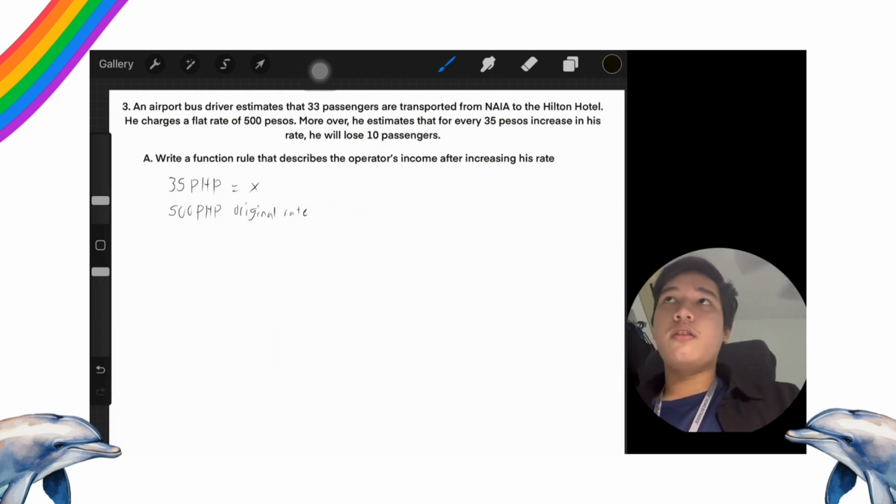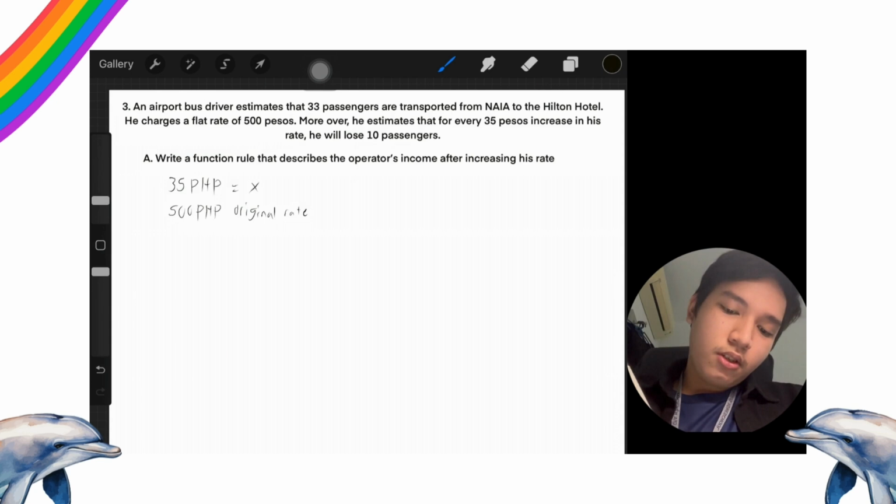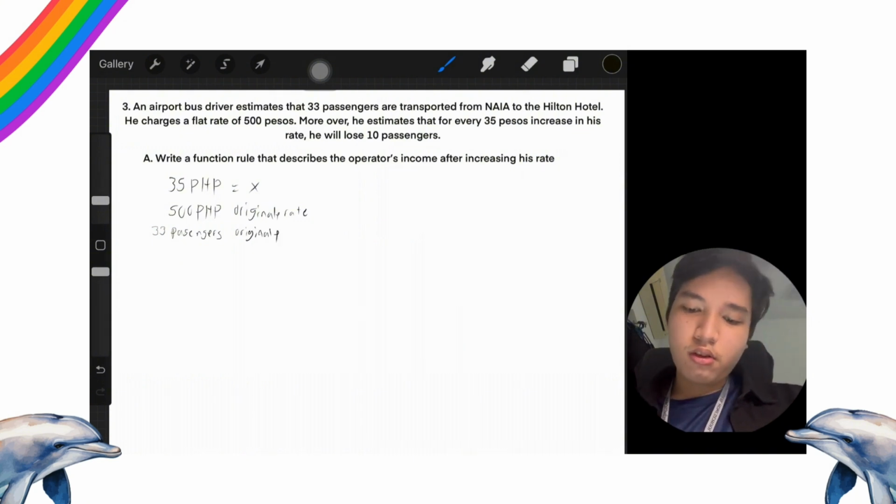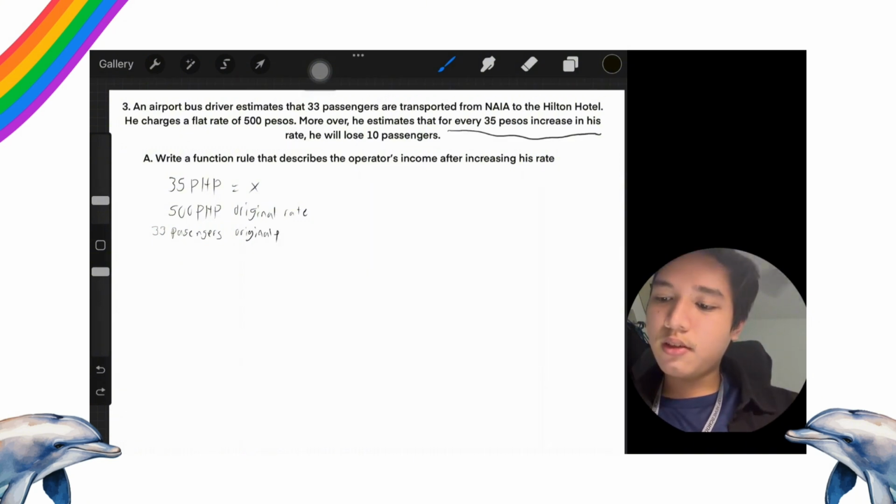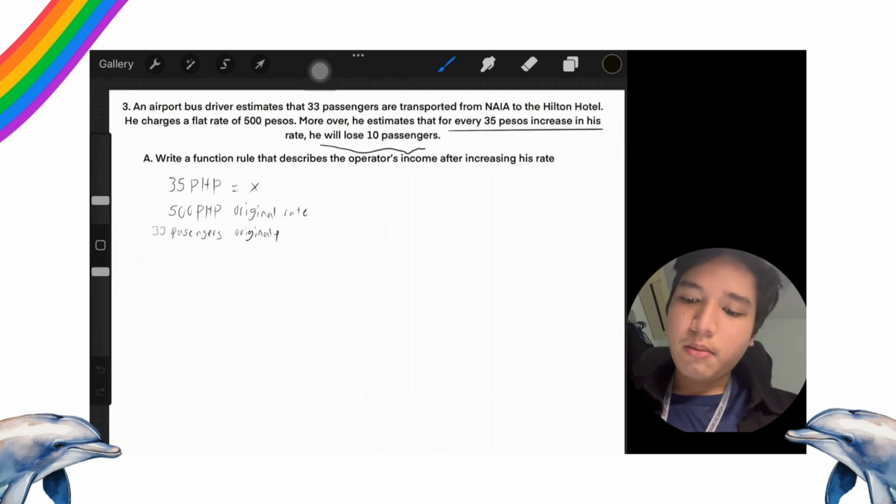The number of passengers originally was 33, so 33 passengers originally. For every 35 pesos increase, he will lose 10 passengers.